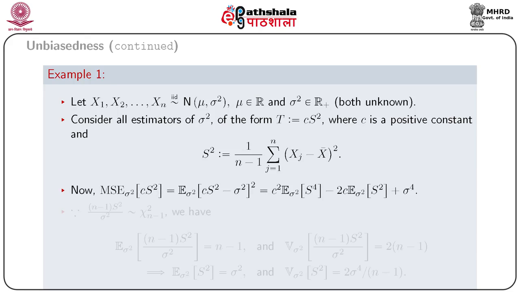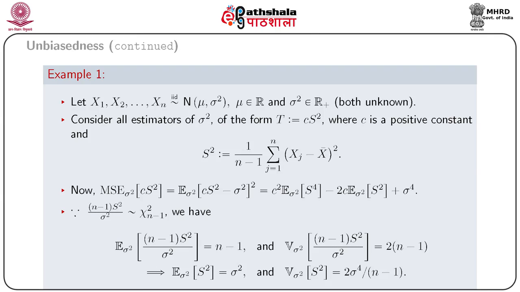Now MSE of cS square equals expectation of (cS square minus sigma square) whole square. This equals c square times expectation S to the power 4 minus 2c sigma square times expectation of S square plus sigma to the power 4.